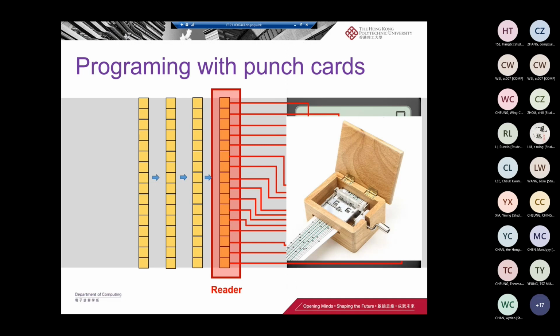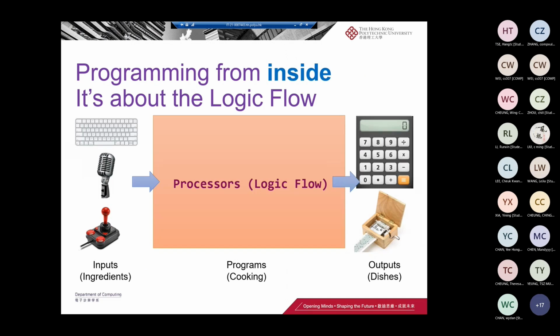It's just about inputs and outputs. You define the inputs and replace the outputs, and you can do different types of things. For example, the input might be the keyboard, a microphone, or a joystick, and the output could be a calculator, a music box, or an alarm like this.